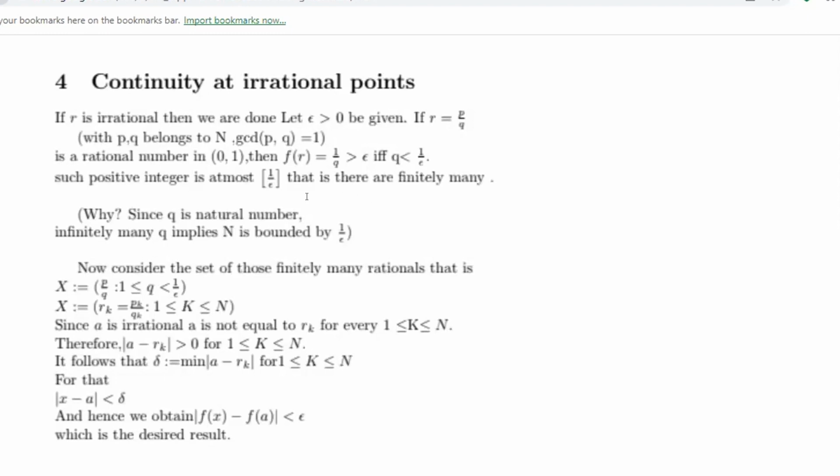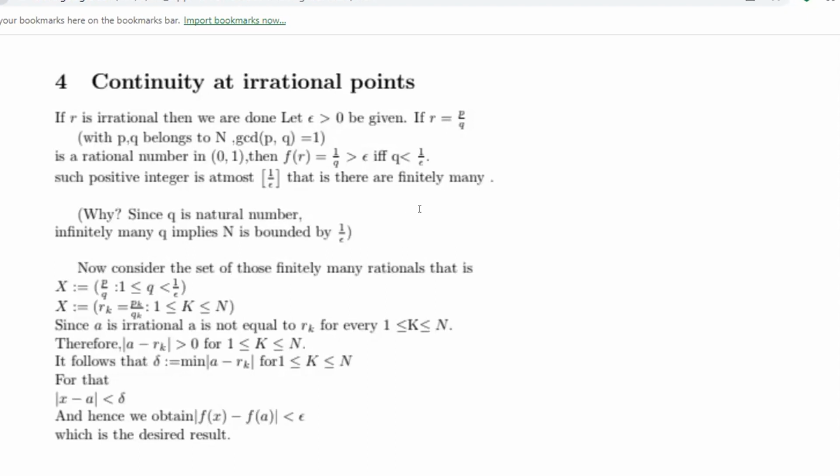That means the x from the domain whose images are creating problems are finitely many. From that we can say, no. So you want to say that since there are finitely many images, therefore there are finitely many pre-images, right? Yeah. But I'm questioning how there are finitely many pre-images. Means how can you say that there are not infinitely many rational numbers whose images are greater than epsilon?